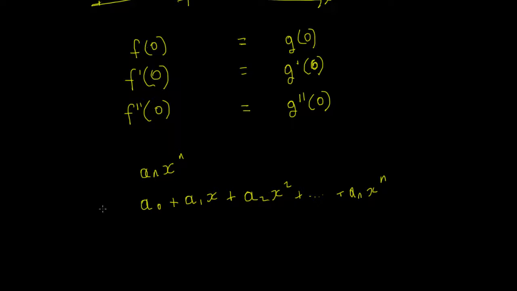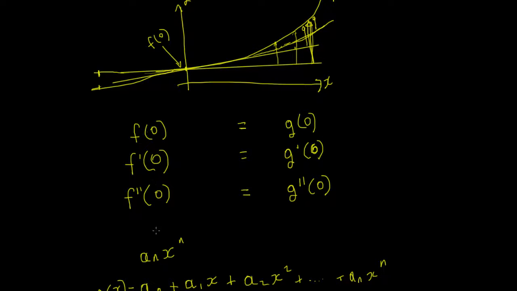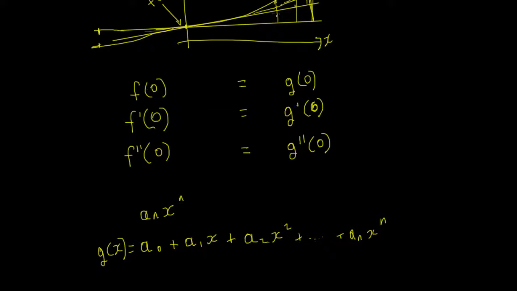So now we're going to use g of x, which is the function we're going to use to approximate f of x, is going to be of that form there.